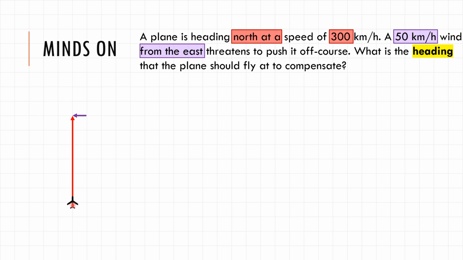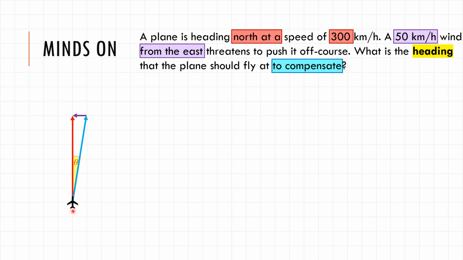In other words, the plane should try its best to fly in this direction to compensate. That way, if it goes in this direction and the wind pushes it this way, hopefully it'll remain right on track. Our job is to find out what angle the plane needs to turn so that it ends up exactly where it intended to the whole time, going straight north.